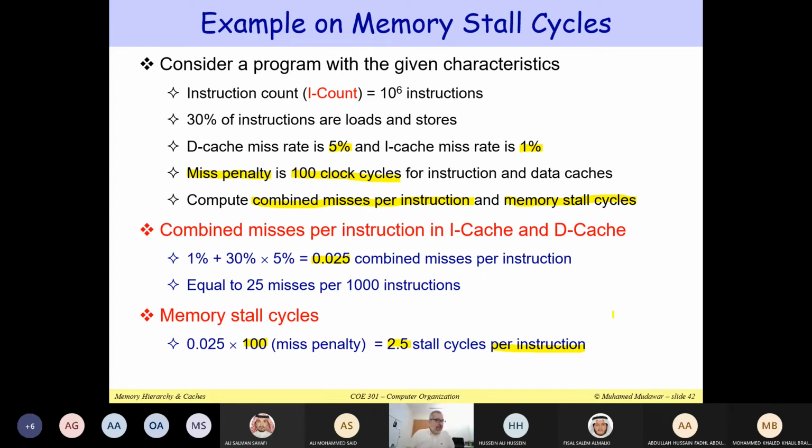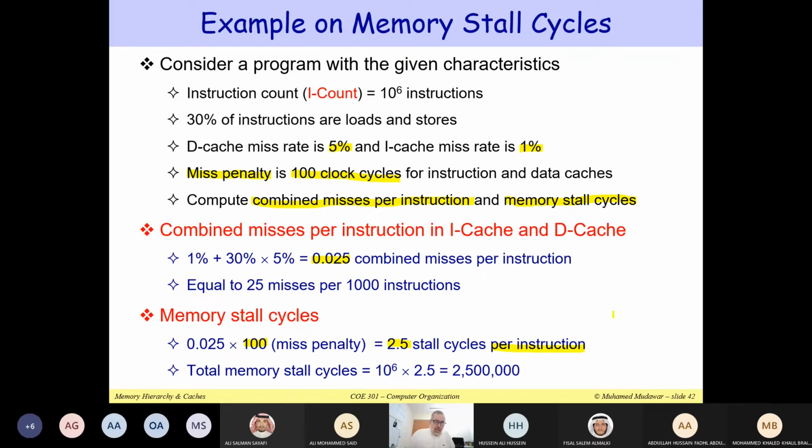Of course, this is an average number. There is no half cycle here, but it is as if every instruction is stalled by 2.5 clock cycles. So you can see the negative impact on performance. Why? Because the miss penalty is high. If I can reduce the miss penalty, I can improve the performance.